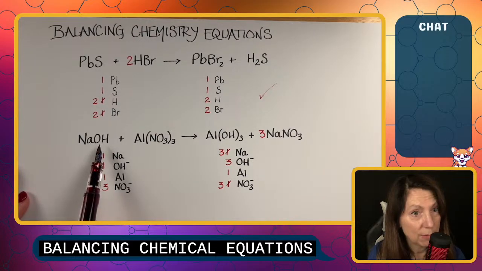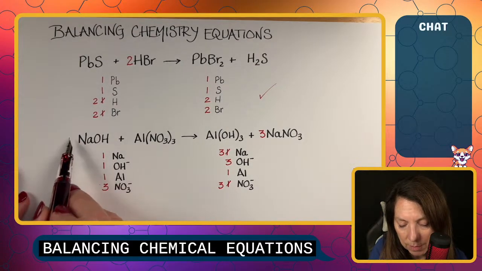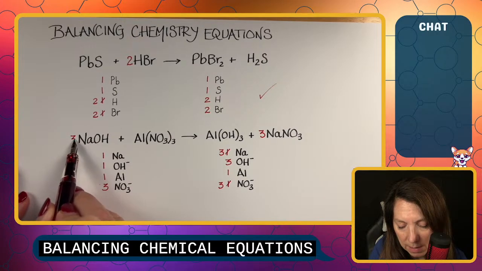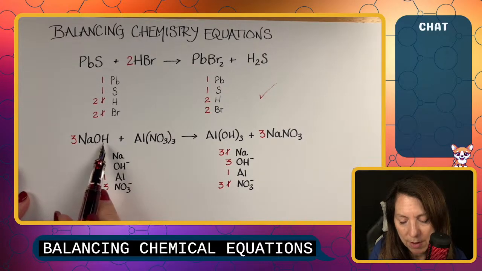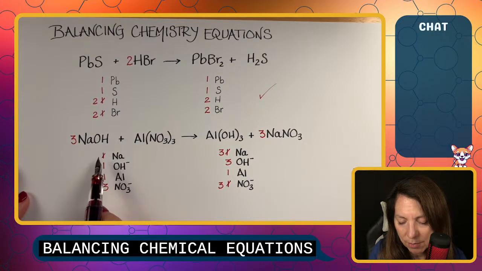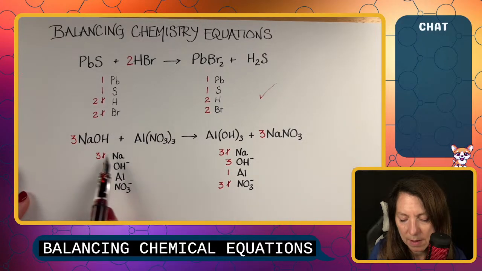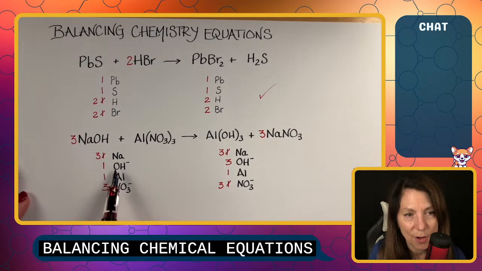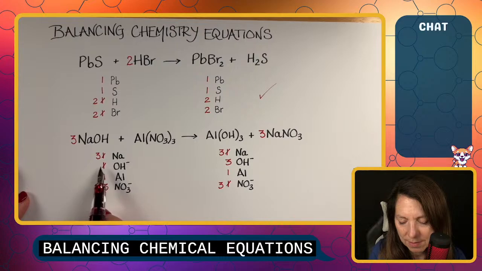Here's sodium hydroxide. So let's put a 3 in front of sodium hydroxide on the reactant side. That changes not only the number of sodiums on this side, on the reactant side, but it also changes the hydroxide.